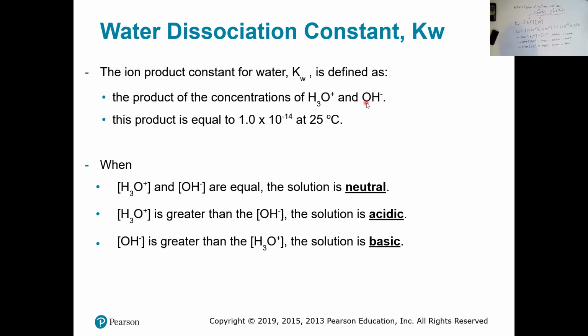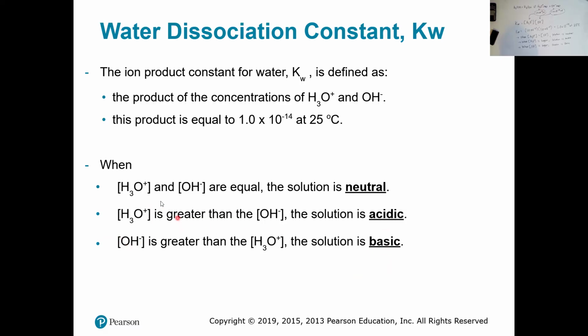So when we multiply those things together, that Kw value is going to be equal to 1.0 times 10 to the negative 14, as long as we're at 25 degrees Celsius. When these two concentrations are equal, our solution is neutral. When our H3O plus concentration is the bigger concentration, then our solution will be acidic. When our hydroxide concentration is the bigger one, then our solution is going to be basic.